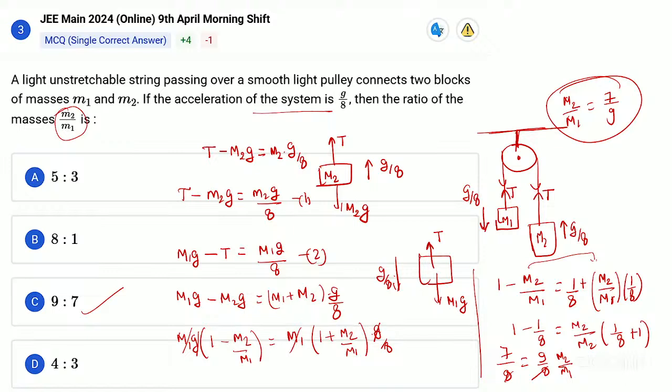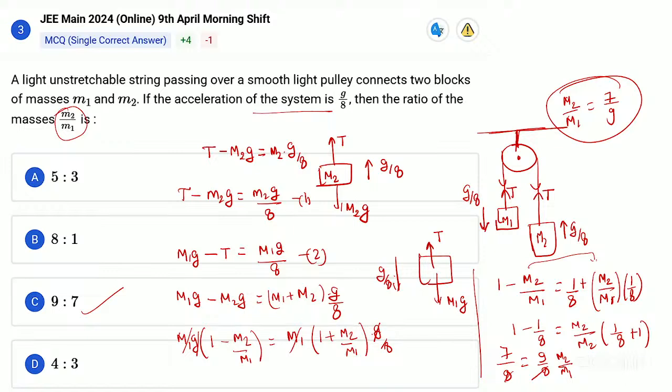From here we take g/8 common, m1 plus m2, and this will be m1g minus m2g. Now take common m1, so this becomes 1 minus m2/m1, and here also 1 plus m2/m1. g and g will cancel out, m1 and m1 will cancel out.